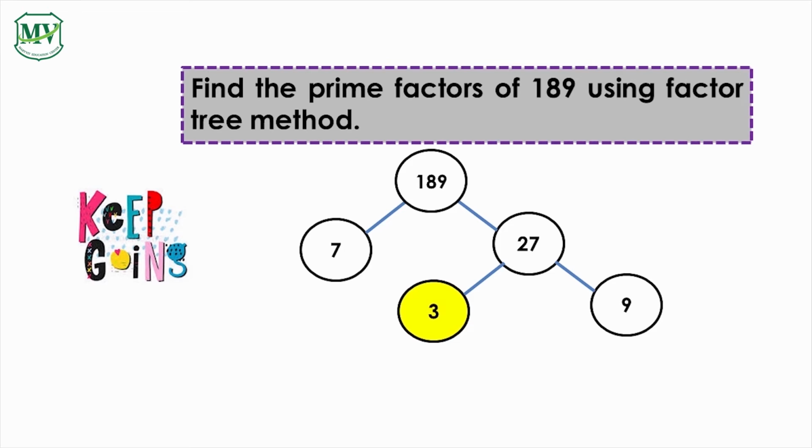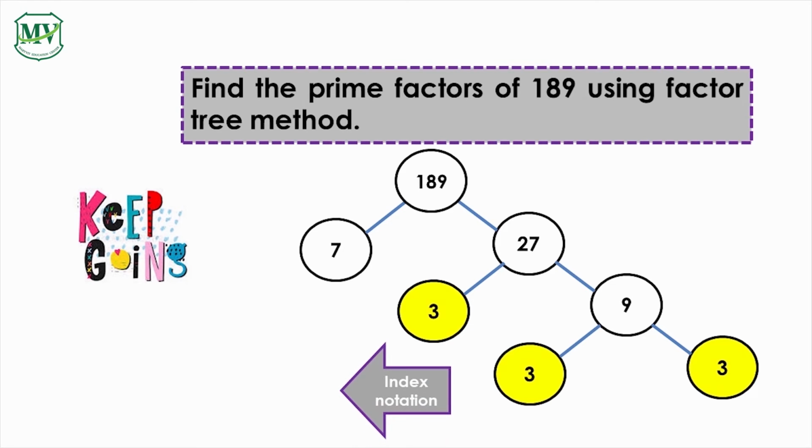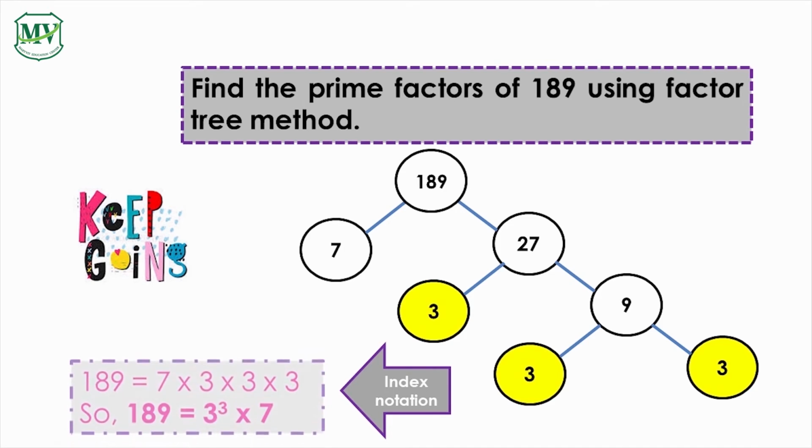What are the factors of 9? It is 3 times 3. 3 is a prime number. So now, the prime factors of 189 are 7 times 3 times 3 times 3, or it can be represented by the index notation 3 to the power of 3 times 7.